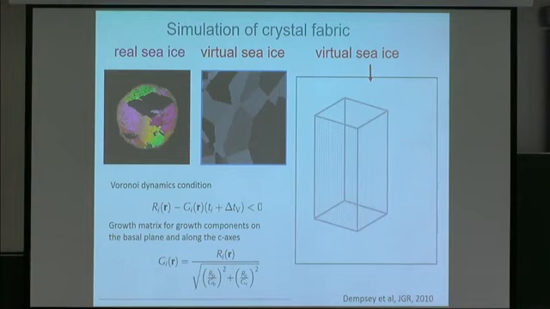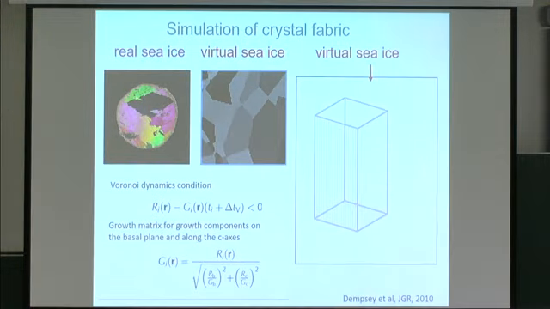So you have a grid following the rules in the Voronoi dynamics condition, which simply looks at the relationship between the position of the crystal and some growth rate, and the only growth functions are on the basal plane and in the c-axis direction, so that's the only difference.